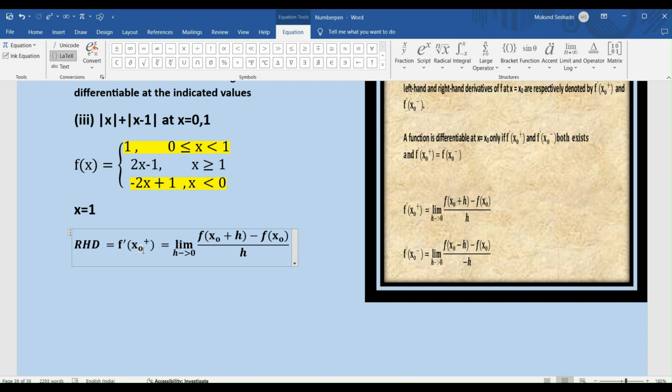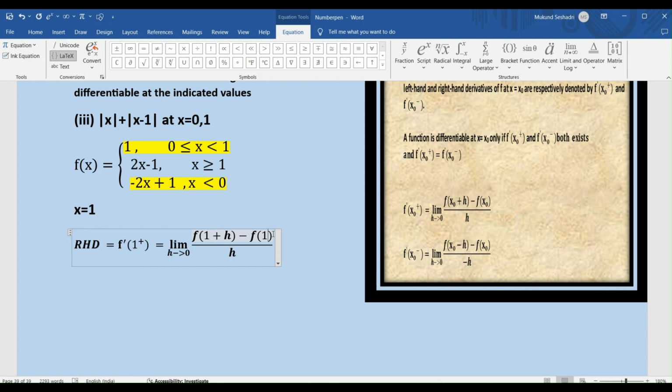So wherever I have my x naught, I can replace it by a 1, right? So this is what I have, f of 1 plus h minus f of 1 divided by h, right?